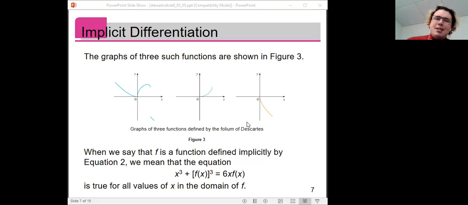So I could say this is x cubed plus f of x cubed equals 6 times x times f of x. And that implicitly gives me a function. Implicit here just means that I don't actually have a formula for it. But that's not going to keep us down.